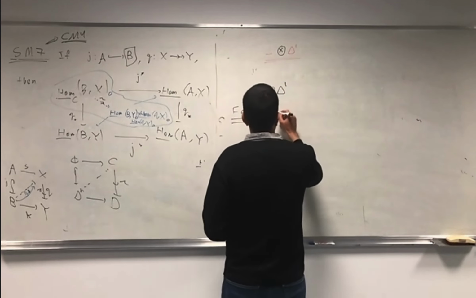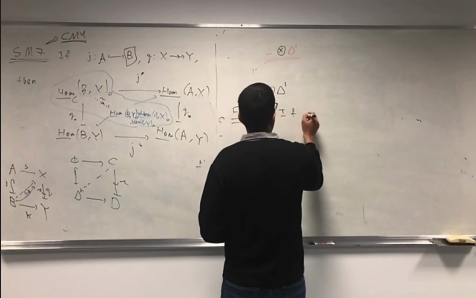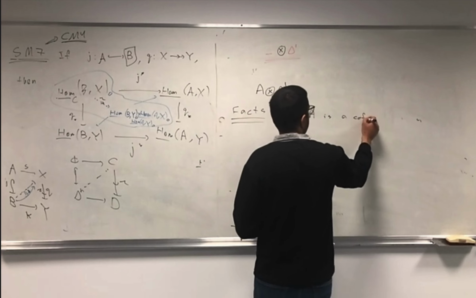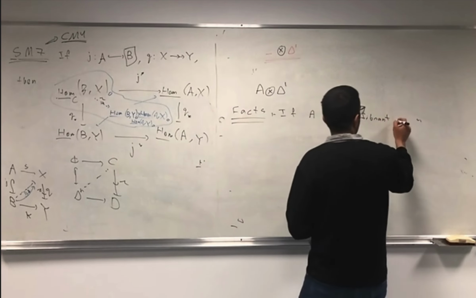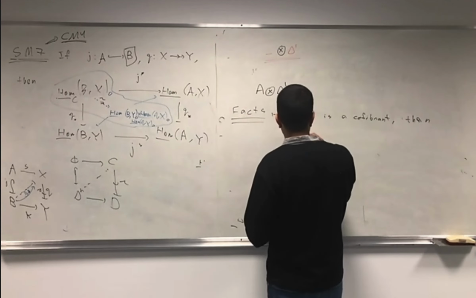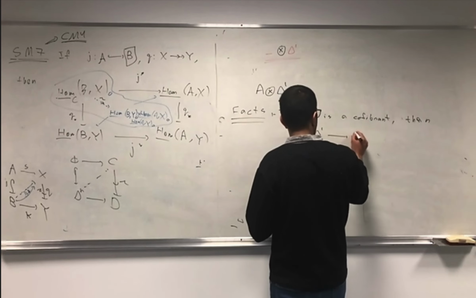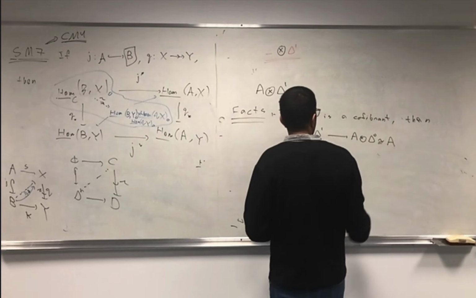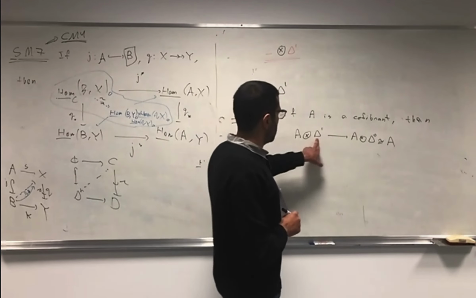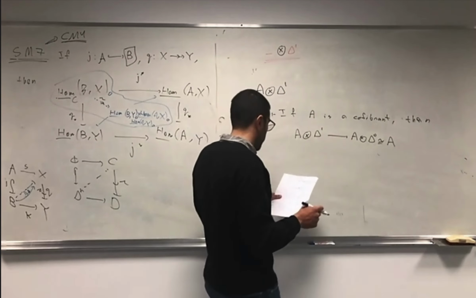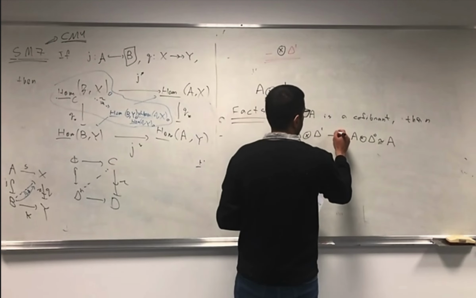First of all, if A is cofibrant, then this map, the one induced from the unique map from delta 1 to delta 0, will be a weak equivalence.